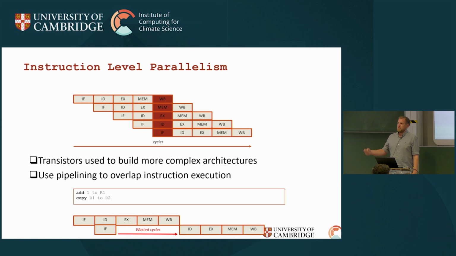Now all those nice transistors that we built our lovely complicated chip with, they're all sat around doing nothing, so we've caused a problem. But don't worry, we've got more transistors we can throw at the problem. So we could build a much more complicated pipeline that would do things like speculative execution, right? We could assume that certain things have happened and go ahead and build a really complicated pipeline that's going to do all kinds of things.